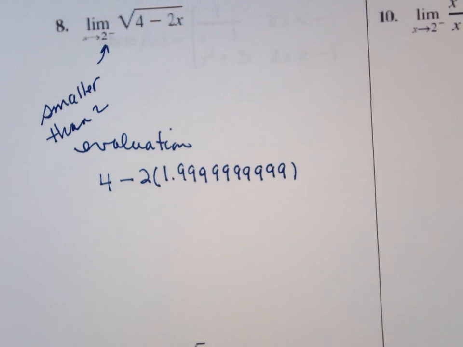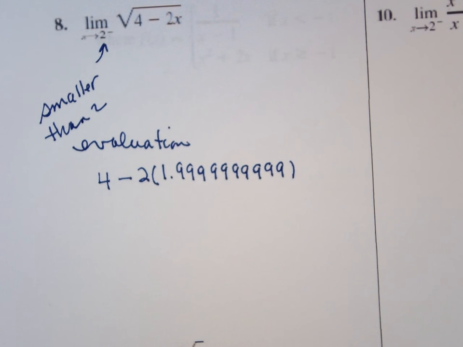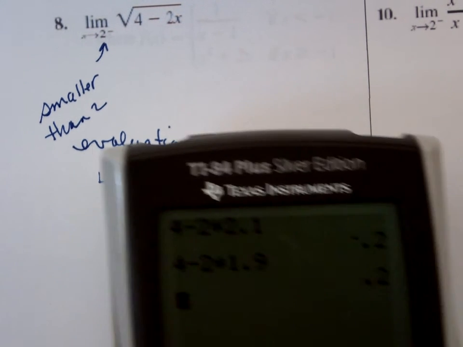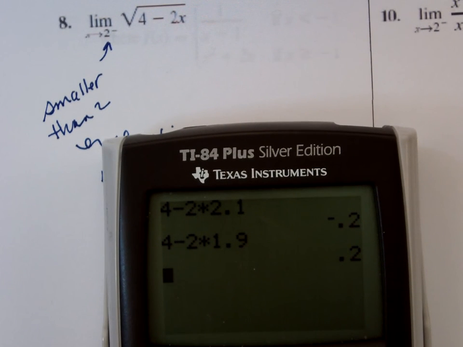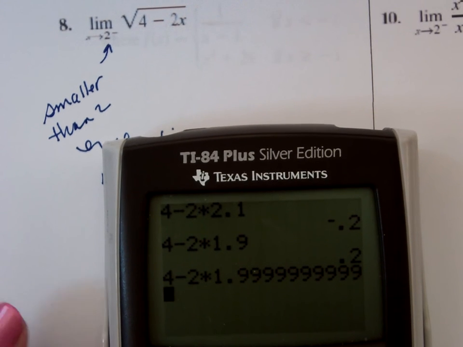What do you think that would be? So 4 subtract 2 times 1.1, 2, 3, 4, 5, 6, 7, 8, 9, 10 nines.